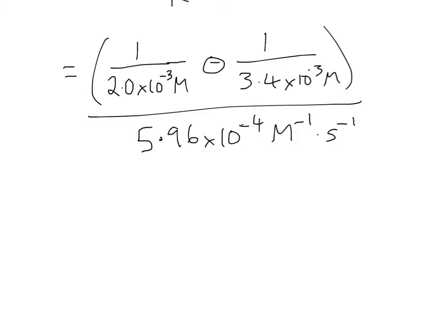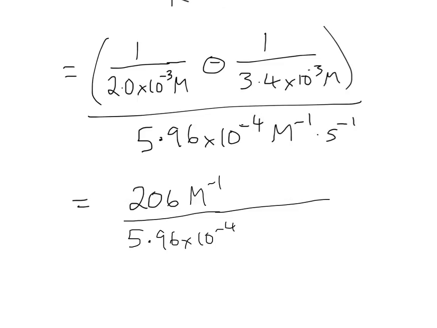So we can plug and chug away here, and what we'll find is that the top of the expression is 206, and the units are going to be interesting. So we've got something that's 1 over molar and then 1 over molar, and so the units are going to be 1 over molar, or molar to the minus 1. And then the bottom, that's just our rate constant, so 5.96 times 10 to the minus 4 per molar per second. Cool, so those per molar, same on the top and bottom, so they cancel out.